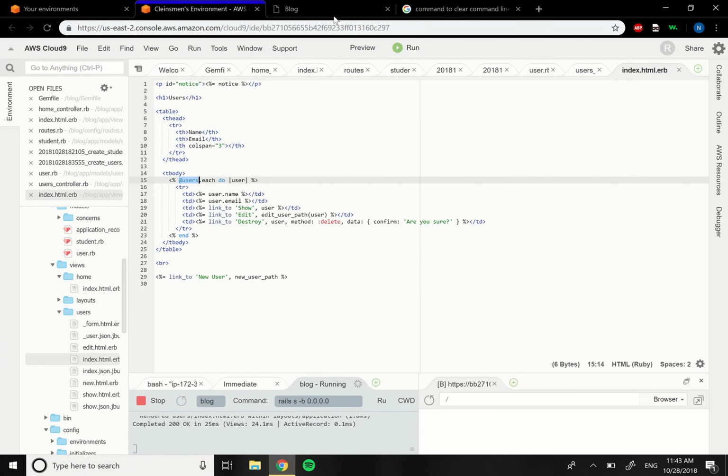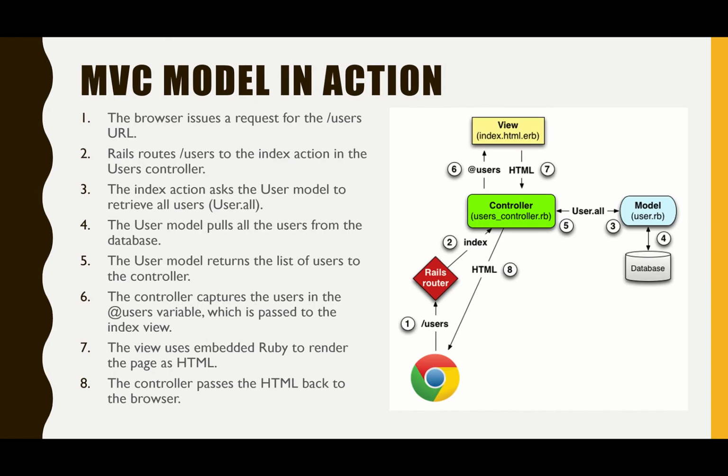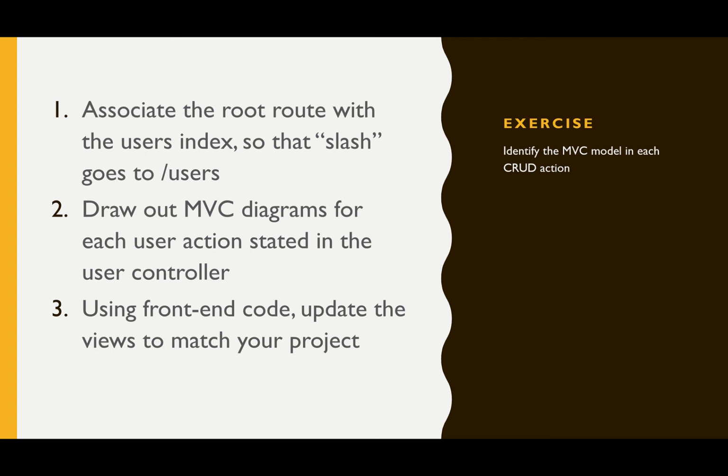Okay, so now we're going to go on to the exercise that you're going to do for today. You're basically going to learn how to identify the MVC model and each of the CRUD actions that we created in this particular scaffolding exercise.